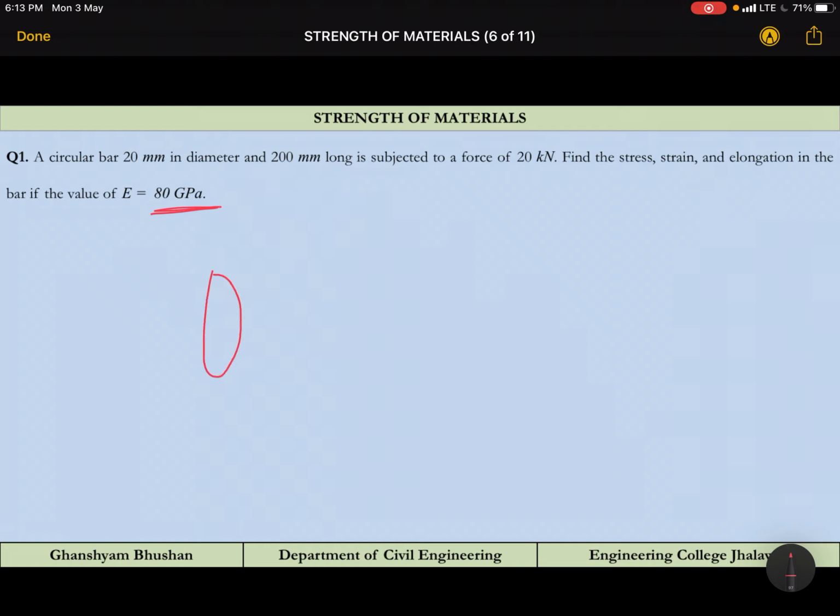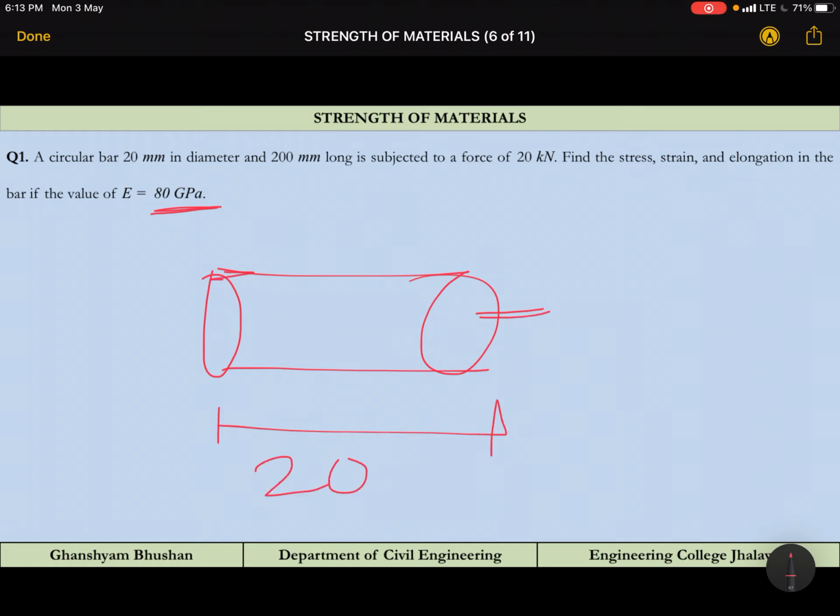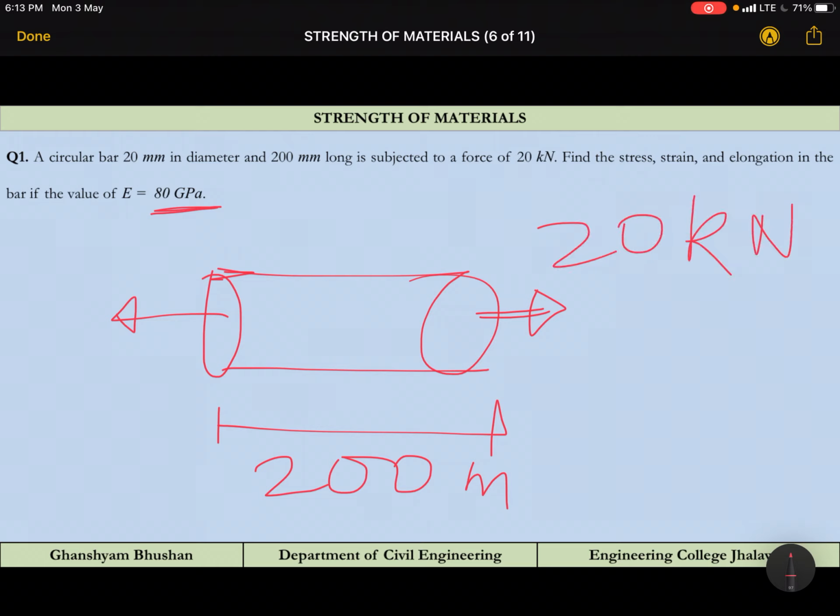So a circular bar means the cross section is circular. It is having a length of 200 mm, subjected to a force, let us say tensile, of 20 kilonewton. Now what we have to find? We have to find the stress, strain and elongation.